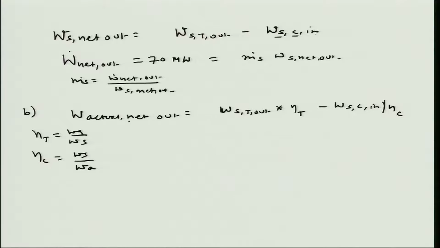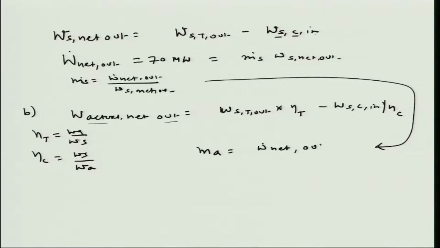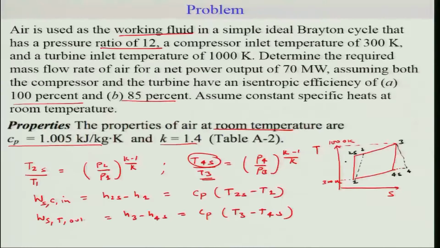After you calculate this, because your etas are given, you can use this expression to calculate your m actual, which is going to be W dot net out divided by your W actual net out. This is how you make use of this simple analysis for the Brayton cycle. This is a simple ideal Brayton cycle, and we have made use of the isentropic efficiency in order to analyze the problem.